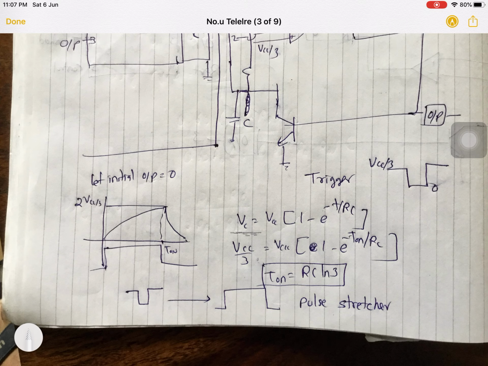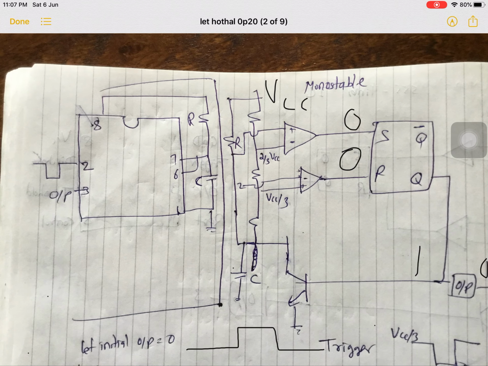VC is the voltage on the capacitor, VCC is the charging voltage, the amount of voltage with which it is charging, 1 minus e to the power minus t by RC, where t is the time and RC is the time constant, where R represents the net resistance seen by the capacitor, and C is the capacitor. So the net resistance seen, it charges with VCC, so I have taken VCC voltage, and the net resistance seen is this resistance R, so it is charging through this resistance R.